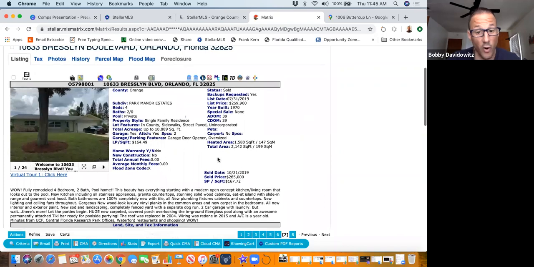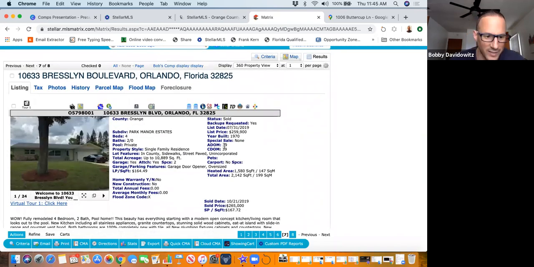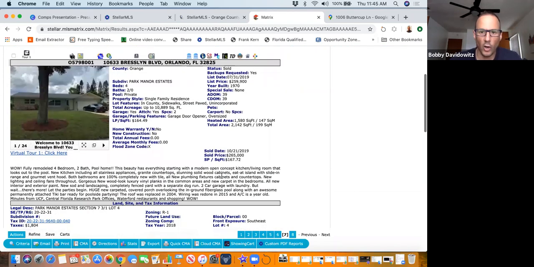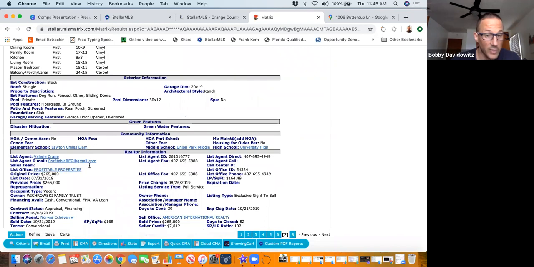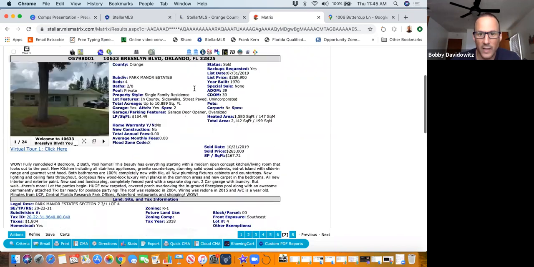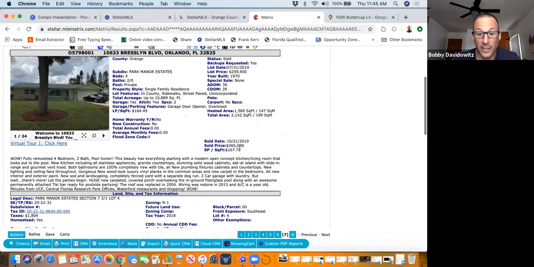I haven't seen the interior of ours, but this one sold for 167 a square foot. It took 39 days to sell. That's not too crazy. Let's take a quick look at what it was originally priced: 265. They lowered it to 259, and then ended up actually selling it for 265. Now the question is, once again, we're a detective with clues.